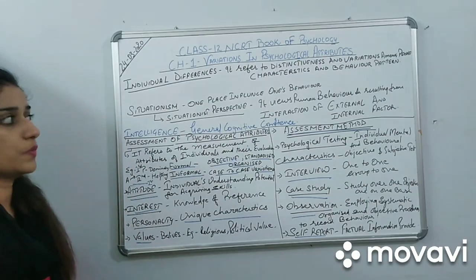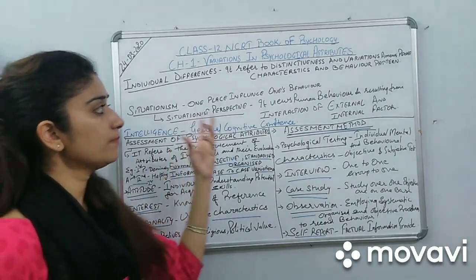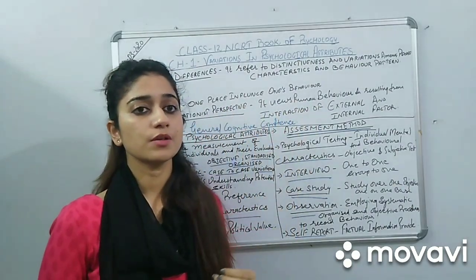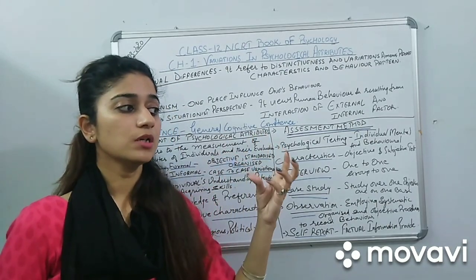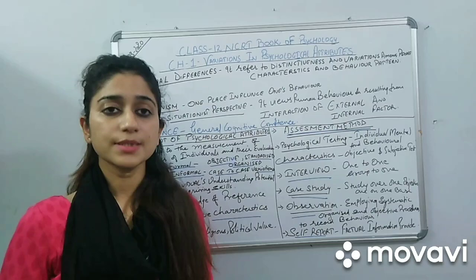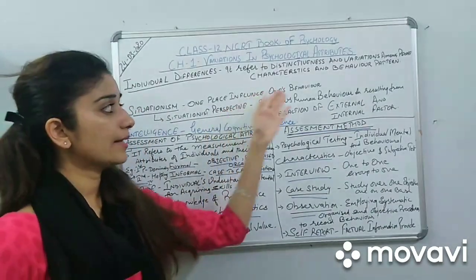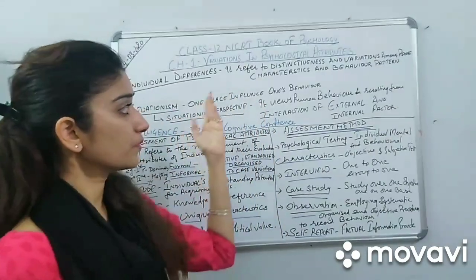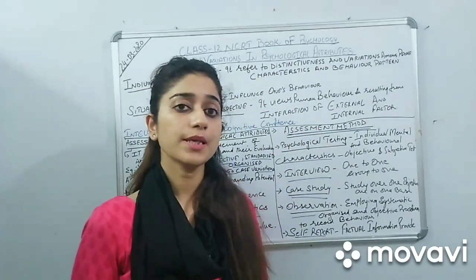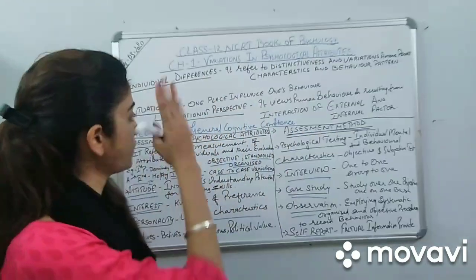Okay. The other is situational. What is a situation? A place influences one's behavior, meaning a particular situation or place, particular circumstances, and in that one behaves in another form. So the person's behavior will be expressed in that situation.